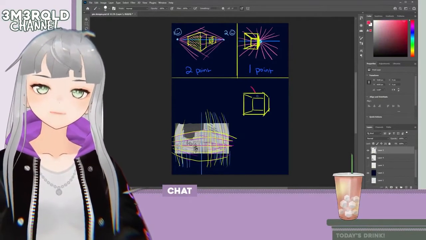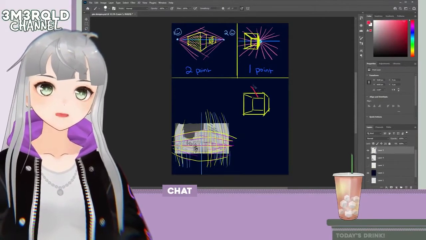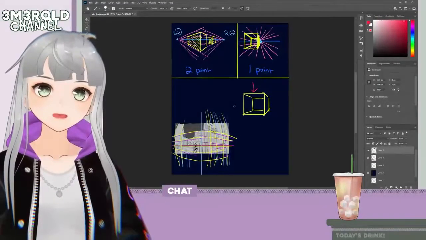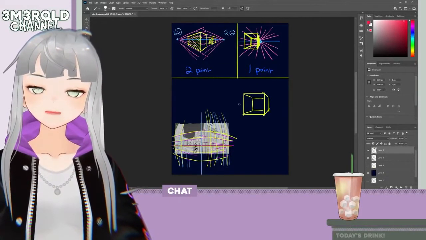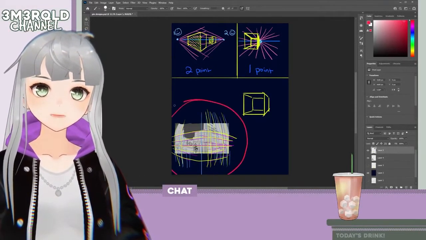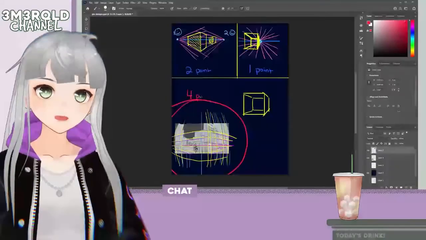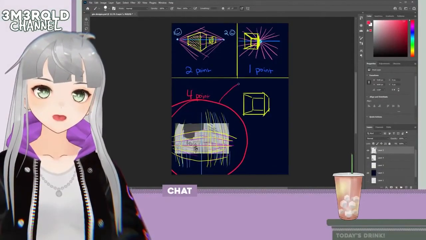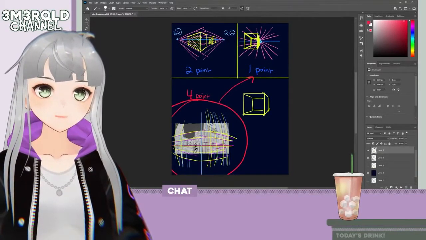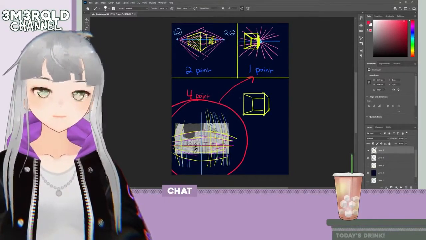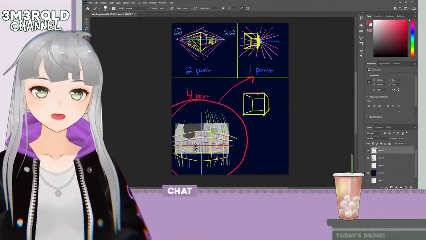If you wanted to draw super realistically, these lines are actually supposed to be curved. So what we're gonna do is apply our knowledge of 4-point perspective onto our knowledge of 1-point perspective. Because now we know that all these straight lines are supposed to be slightly curved.